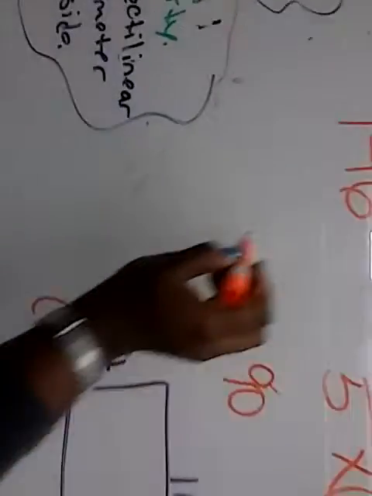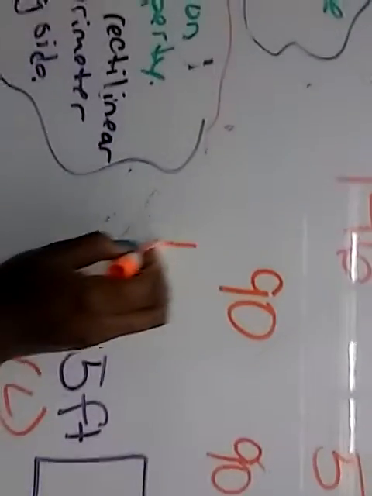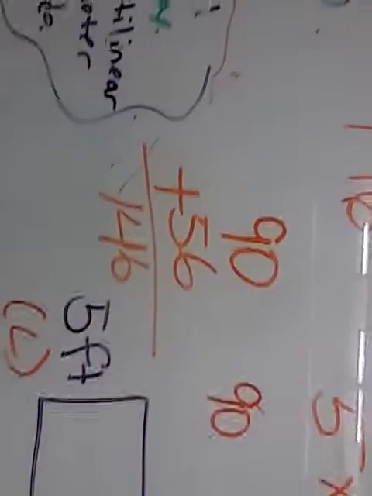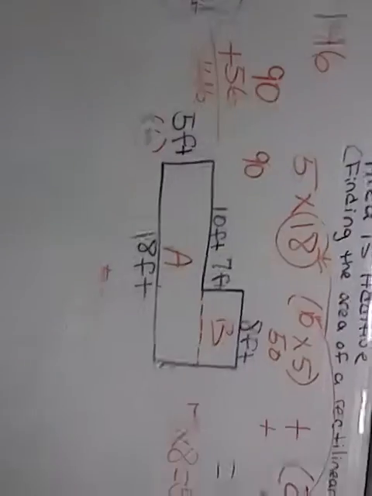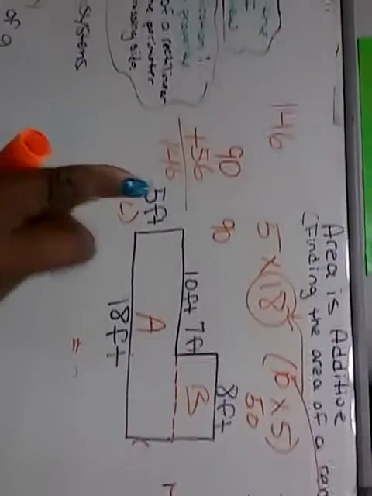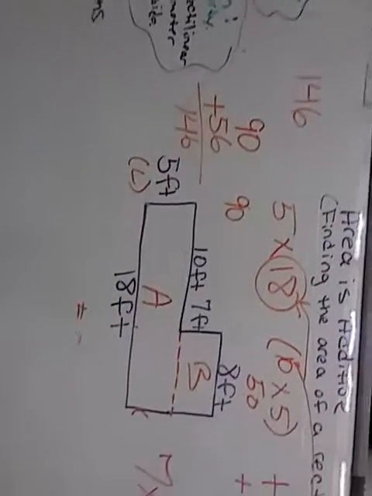So that's 90 plus 56, which will give me 146. So the same. It does not matter which way you break up the rectangles. You're still going to get the same area.